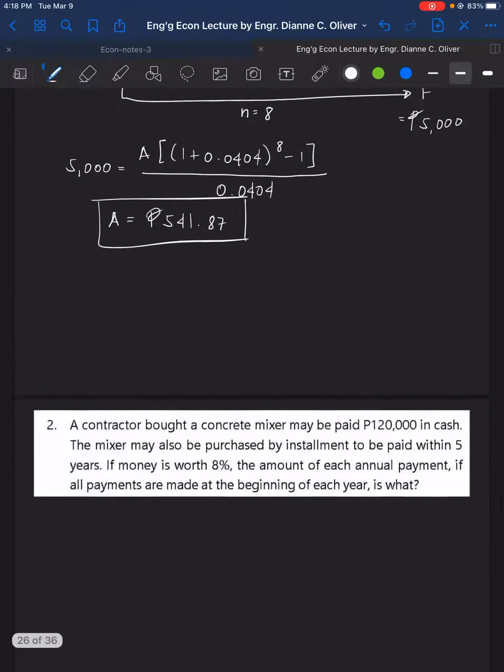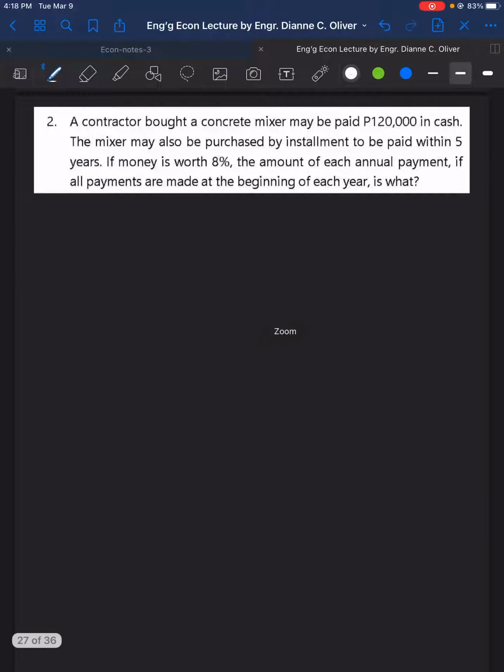Let's go to number 2. A contractor bought a concrete mixer, which may be paid for with 120,000 pesos in cash. The mixer may also be purchased by installment to be paid within 5 years. If money is worth 8%, what is the amount of each annual payment, if all payments are made at the beginning of each year?